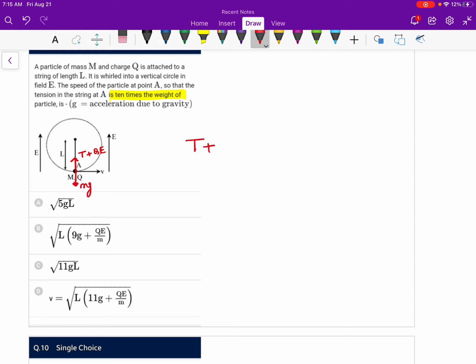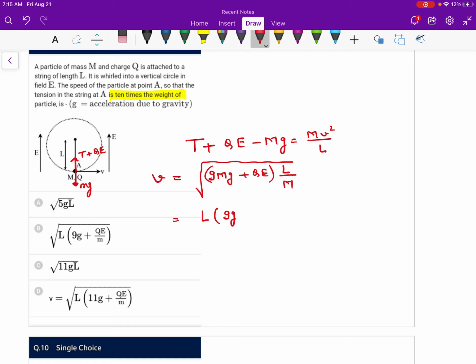So net force towards center, which is T plus QE minus mg, is equal to mv square by L. So T is 10 mg, so 9 mg plus QE into L upon m whole under root is v. So that is the square root of L into 9g plus QE upon m. So B is the correct option.